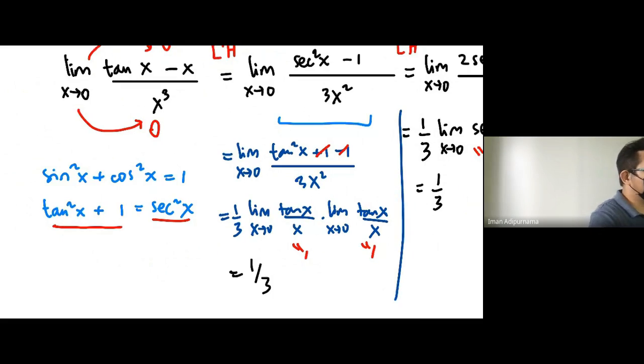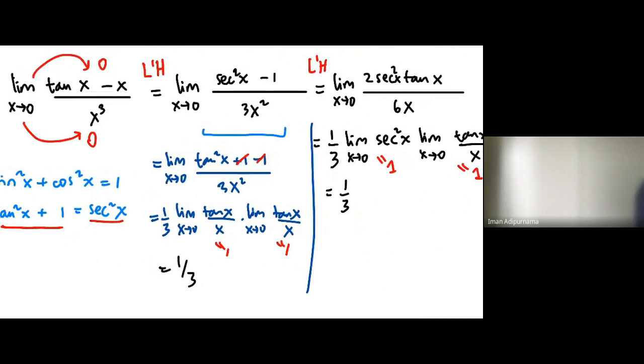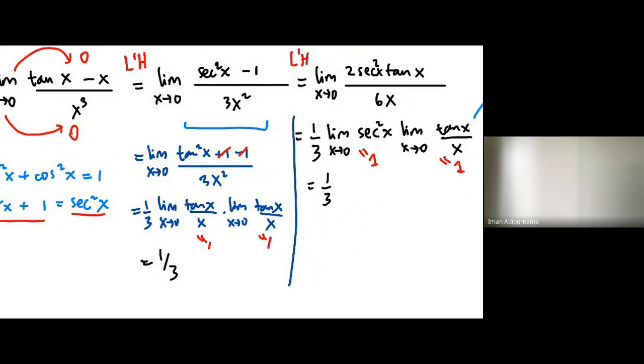Which method you prefer, it's up to you. If you want to rewrite the form, exchange the secant squared with tangent squared plus 1, that's also okay. Or you want to take another L'Hopital, that's also okay. Both methods are okay.